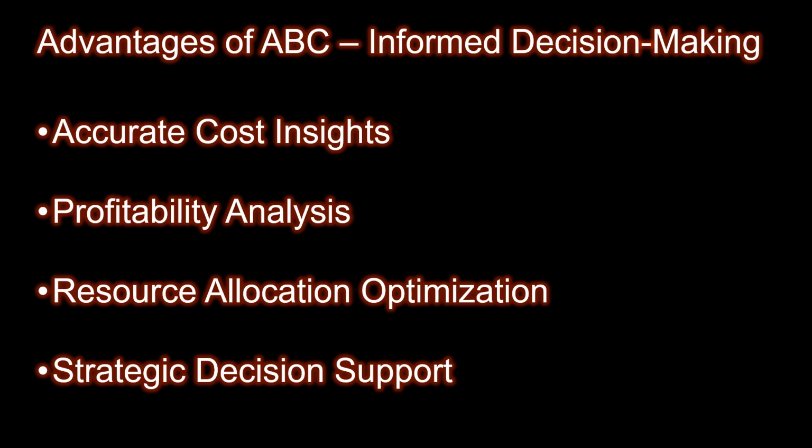For example, a restaurant chain implementing ABC realizes that some of their menu items have higher overhead cost than standard dishes. Armed with this insight, they decide to promote higher margin items in their marketing strategy to boost profitability.